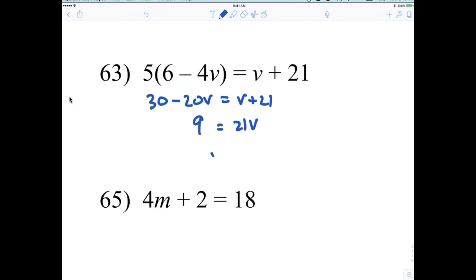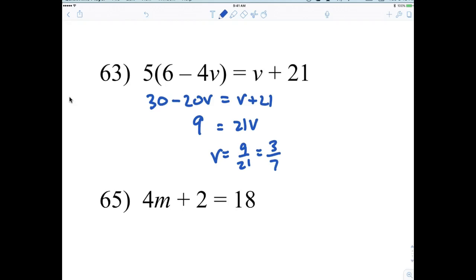And so v is equal to 9 over 21, which is 3 over 7. Remember, you're always leaving things as a fraction, not as decimals. That way you don't need a calculator either.